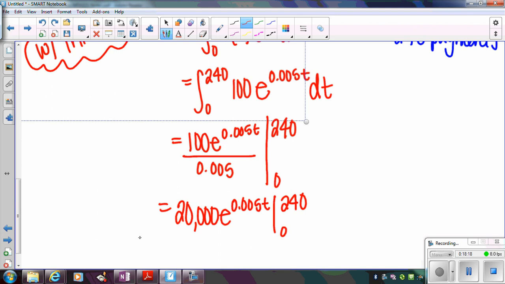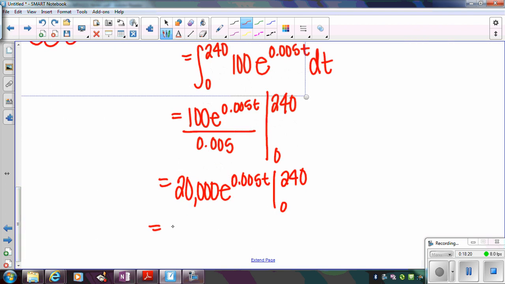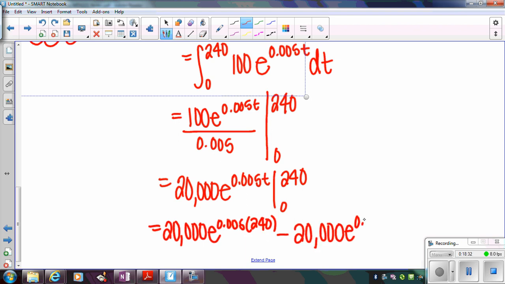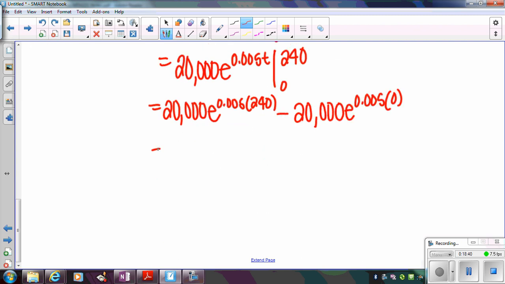And now we can plug those numbers in. So 20,000 times e to the 0.05 times 240 minus 20,000 times e to the 0.05 times 0. And remember, with this 20,000, you could have left it out in front and then distributed it at the end.